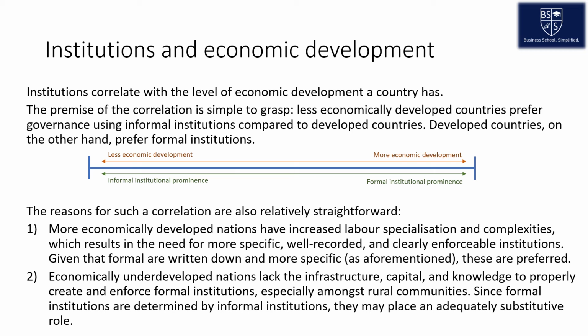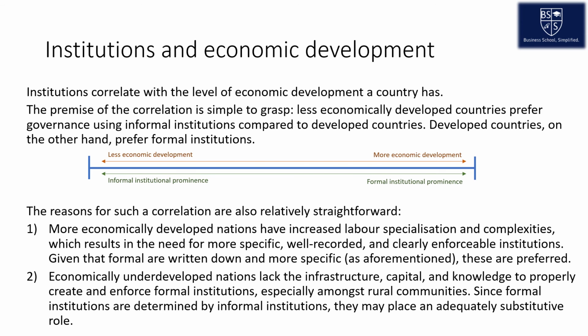And second, economically underdeveloped nations lack the infrastructure, capital and knowledge to create and enforce formal institutions, especially amongst rural and indigenous communities, which may be hard to reach and enforce within. Since formal institutions are determined by informal institutions, the lack of formal institutions in underdeveloped nations is no issue, as informal institutions can play an adequately substitutive role.